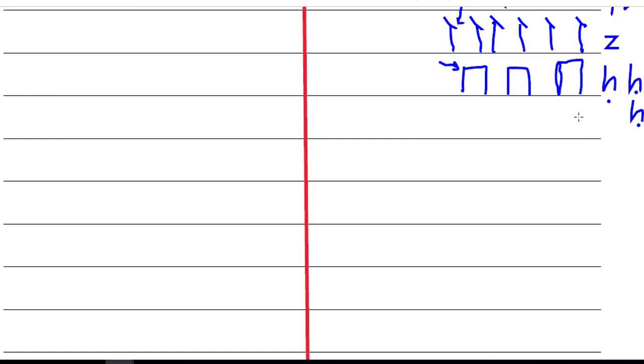Next consonant is Tet. I do write this differently from Ross. I start here, go down, and come up. I don't put any fancy tails here, and I don't put any fancy tails here. So it's down, around, and up.